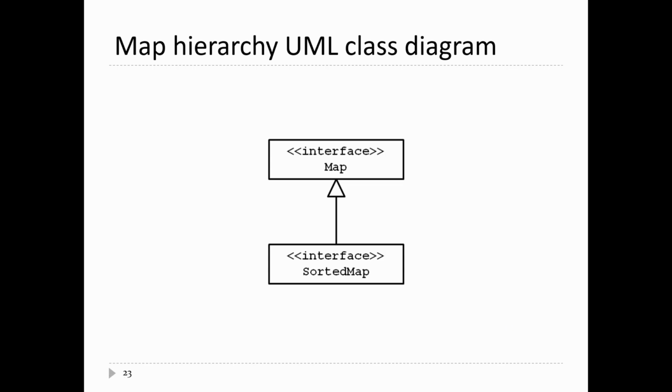Map forms its own set of interfaces. Map is the topmost interface that describes all maps in Java. And just like you have a SortedSet, you also have SortedMaps, where the keys are in sorted order. So a SortedMap includes all of the methods of the Map interface.